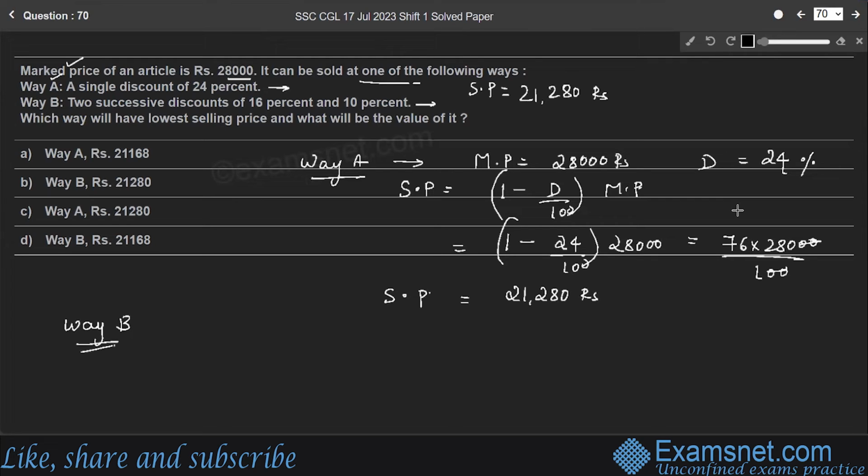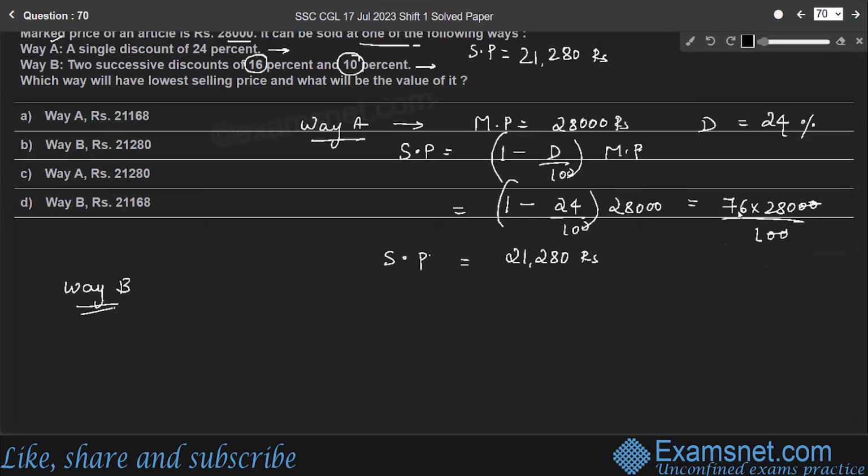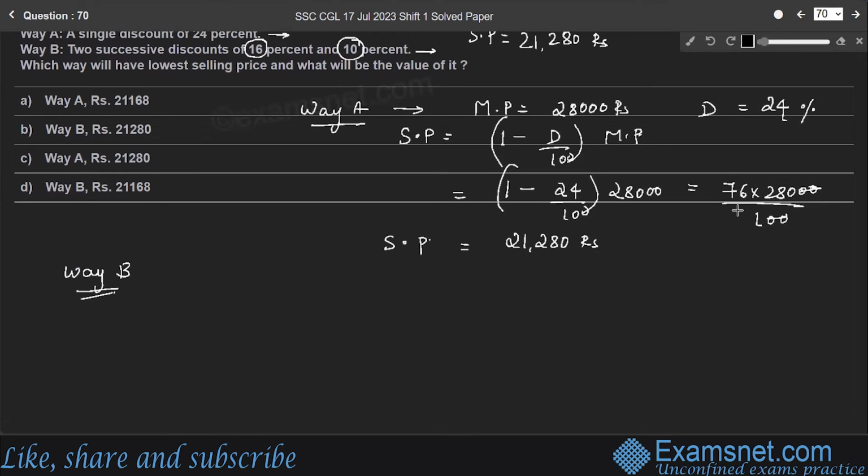So in way 2, consider way B, in which two successive discounts of 16% and 10% are given. So we'll consider discount 1 as 16%, discount 2 as 10%, and the marked price remains the same, which is 28,000 rupees.